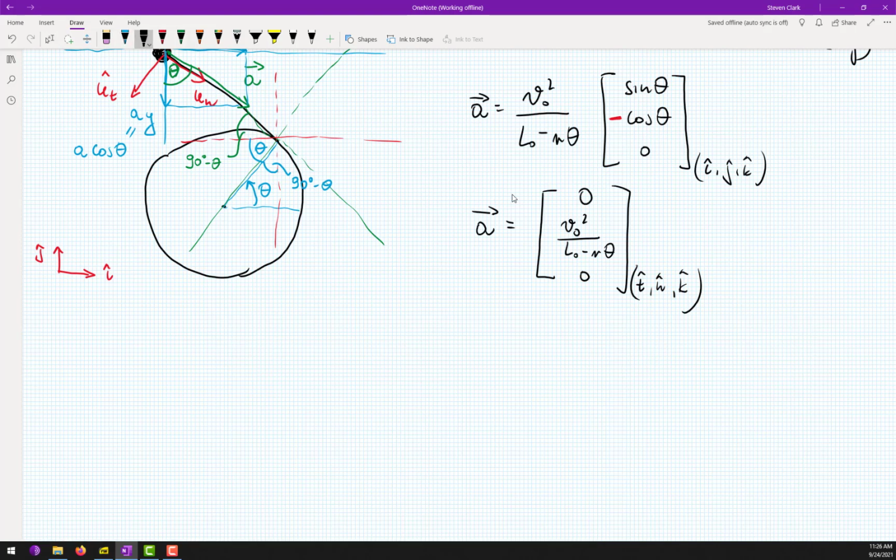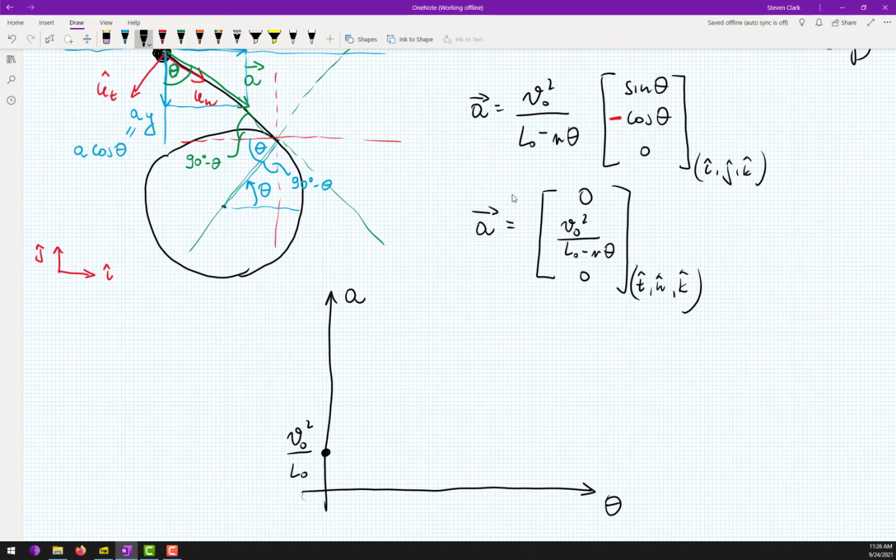But before we move to example number 2, I would like to also draw this value, the magnitude of A. So very quickly, let's draw that. A as a function of theta. So I believe that we start at theta 0, we will have V0 squared divided by L0.